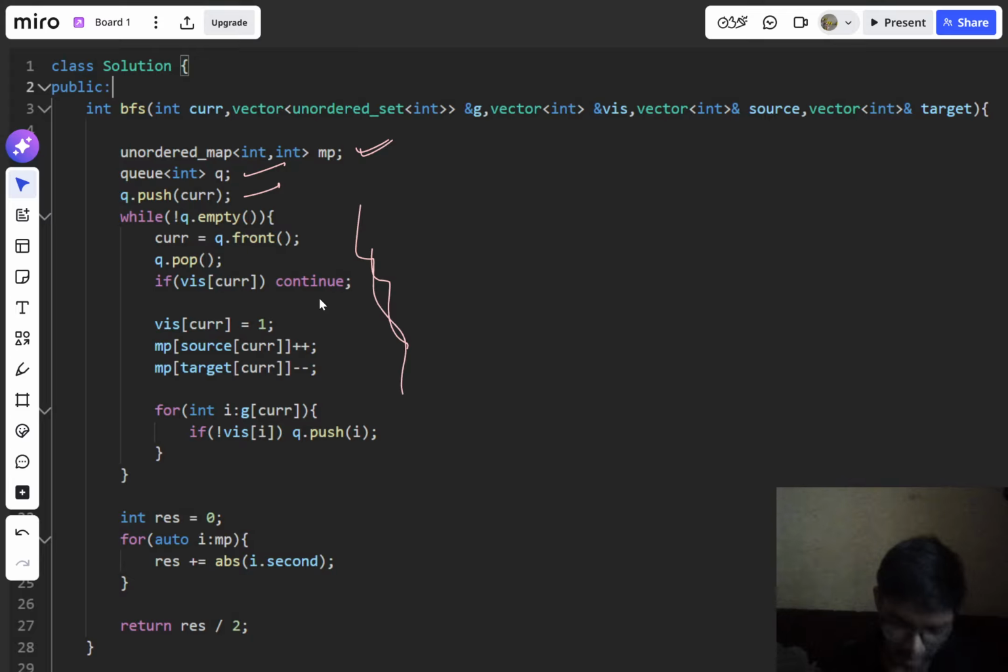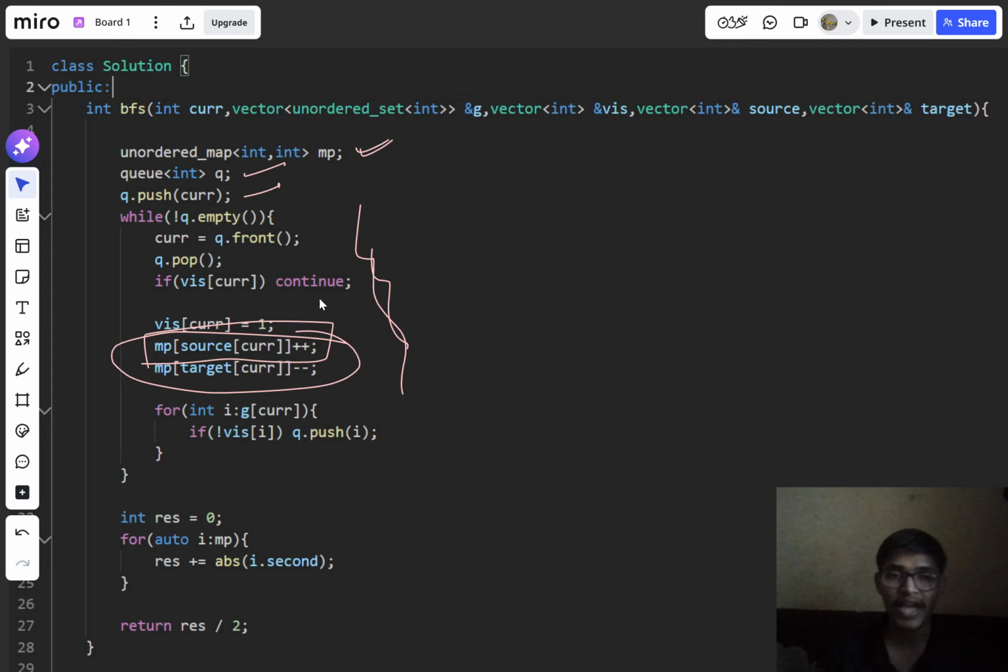While visiting, we update the map: for the element present at source of current, we add it, and for the element present at the target, we subtract it, so it will balance our array.